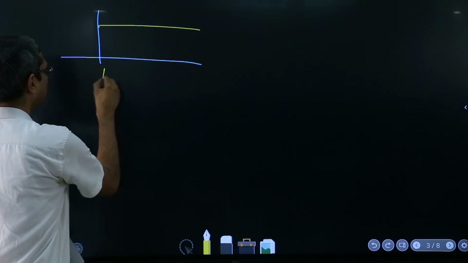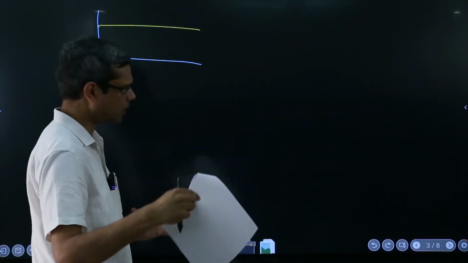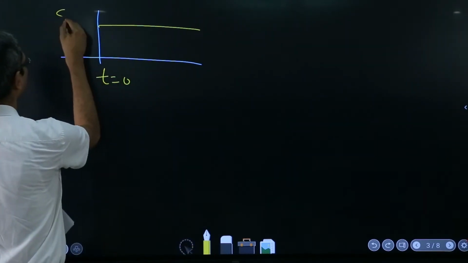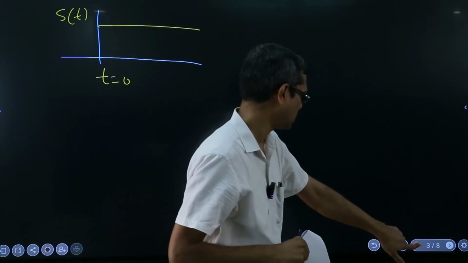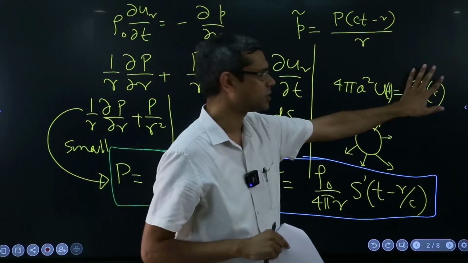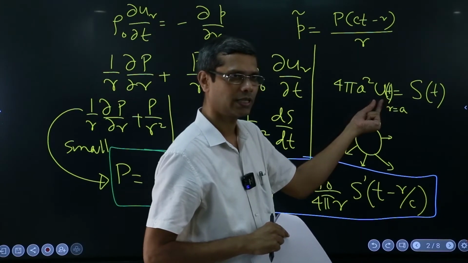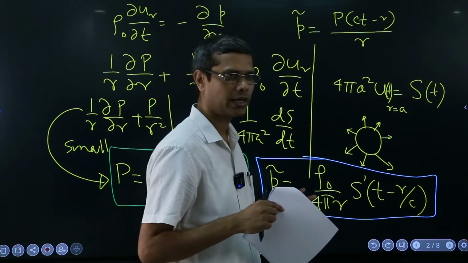at t equal to 0, the sphere started expanding. This is the meaning, right? Suppose I call this s of t. S of t is constant. That means velocity is constant of the surface. That means the sphere is getting bigger and bigger uniformly at a constant rate.